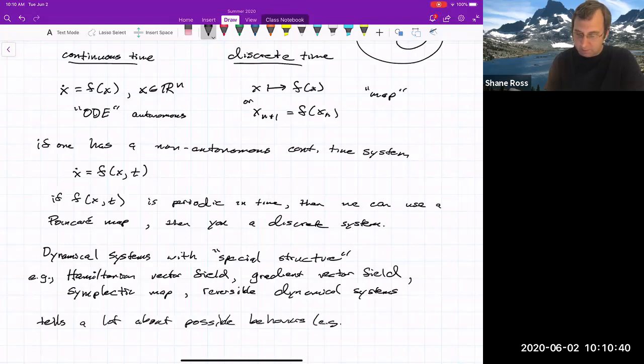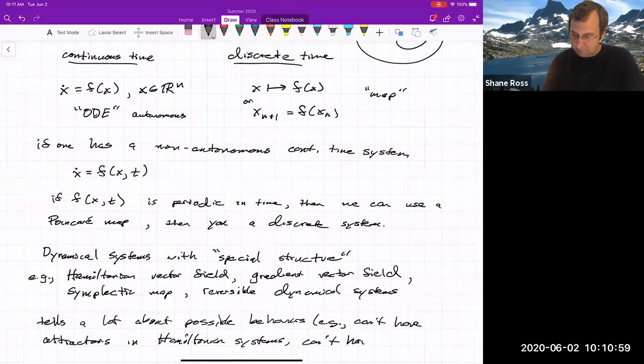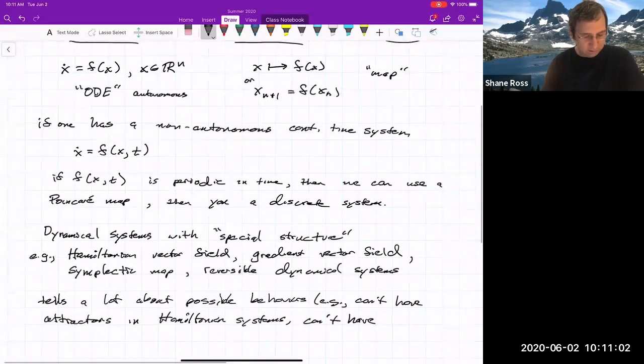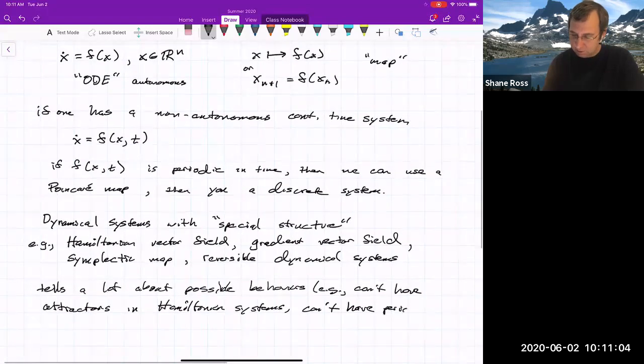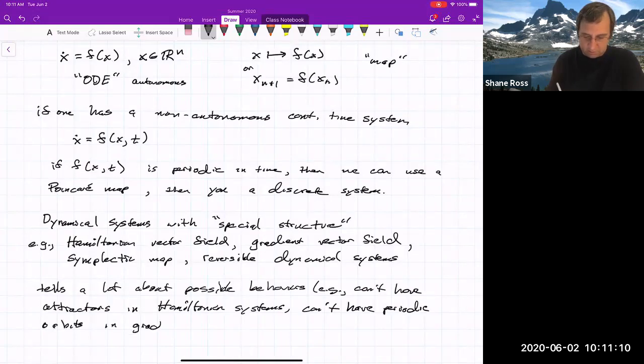For example, you can't have attractors, things that are asymptotically attracting, in Hamiltonian systems. And this one might not be obvious, but you can't have periodic orbits in a gradient vector field.